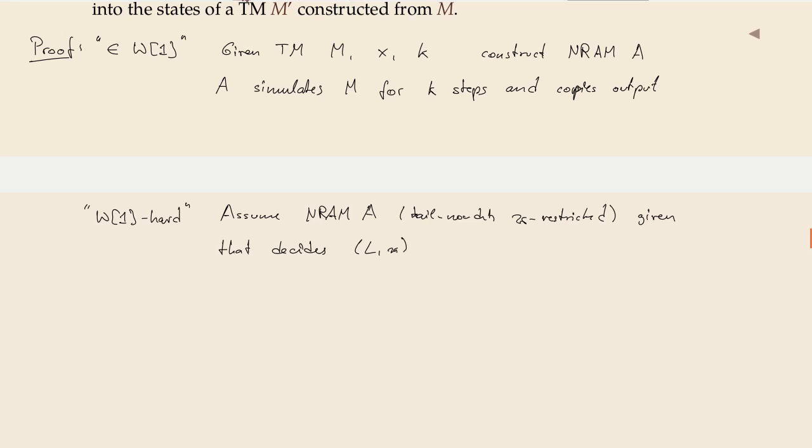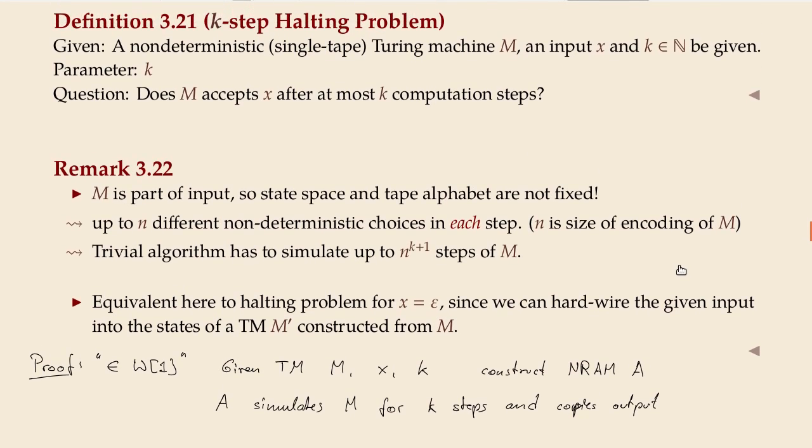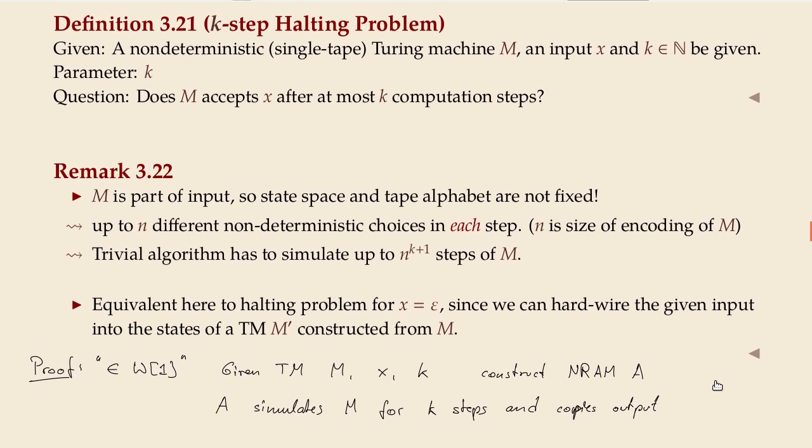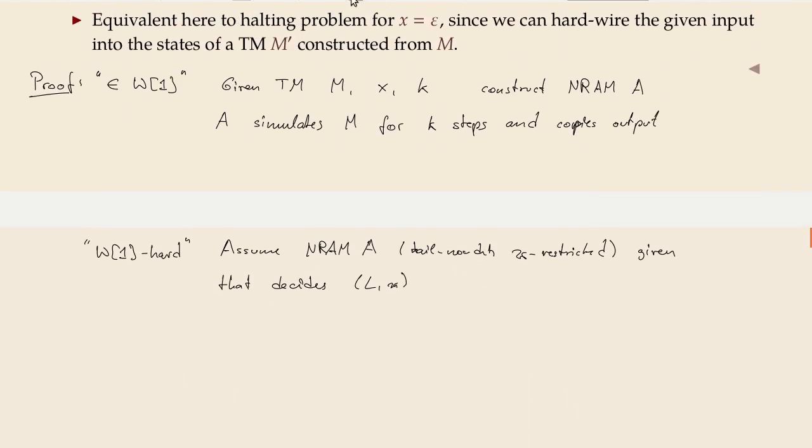Now, we construct a machine and an input and a k, so that these are equivalent.